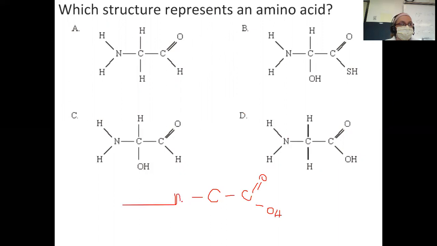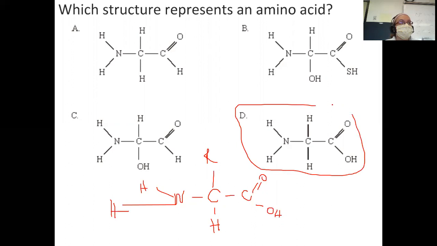The amine group. The R group at the top, and then the H coming off that central carbon. So if you remembered that, you could draw it out and you could say, oh, okay, then it is this one, D. This is actually a picture of glycine.